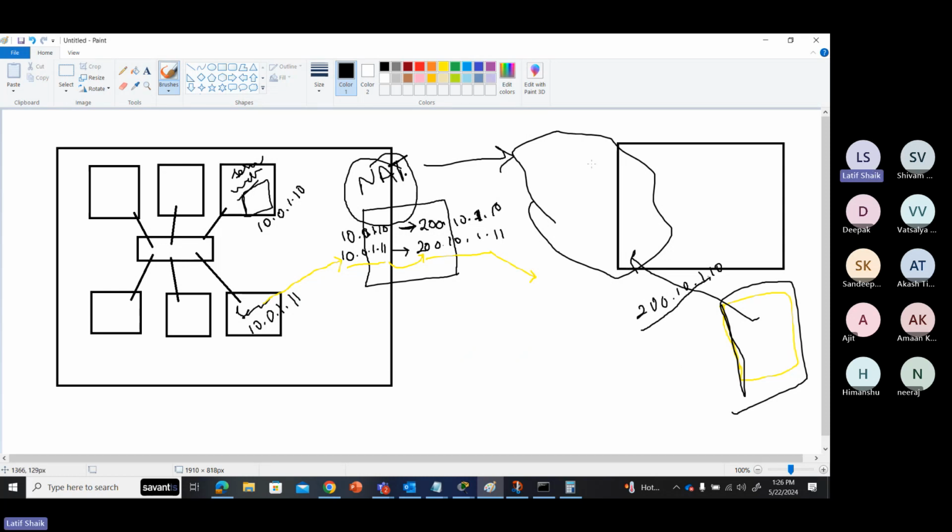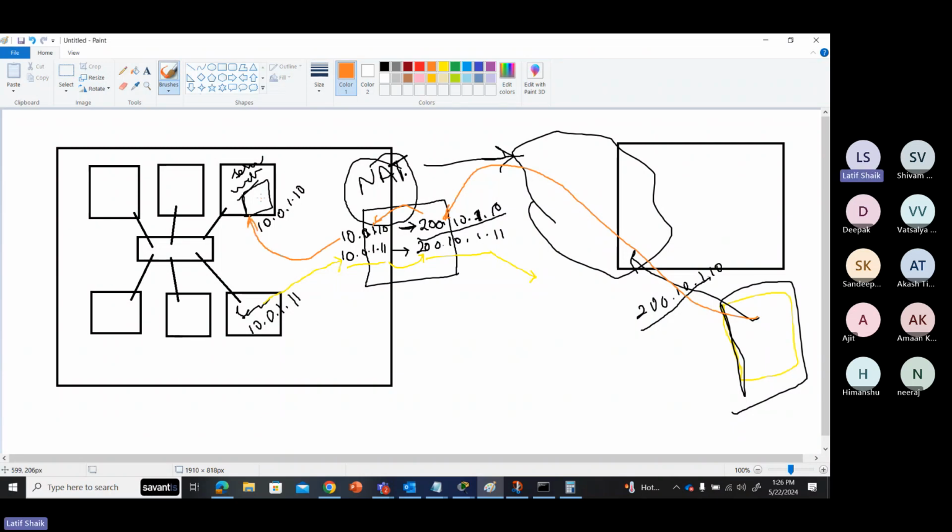In the internet, it will search and finally find where this IP address is. Finally it reaches here, and our router understands which server it is and gives the request to this web server.